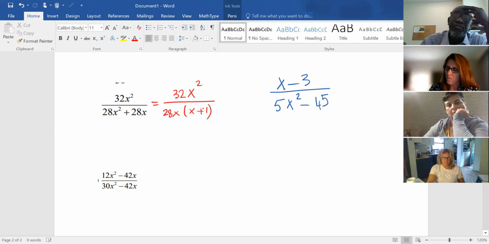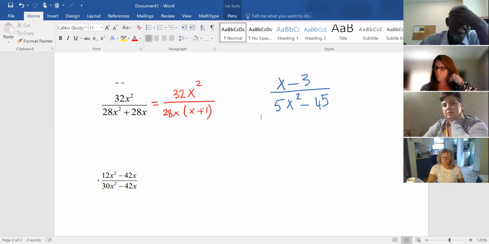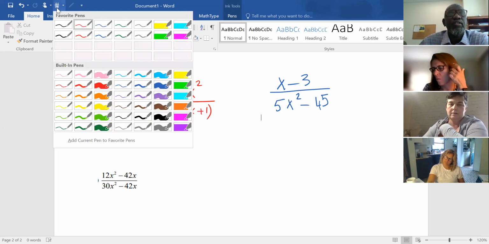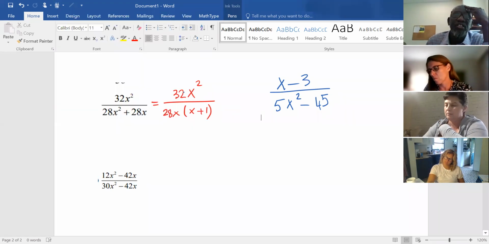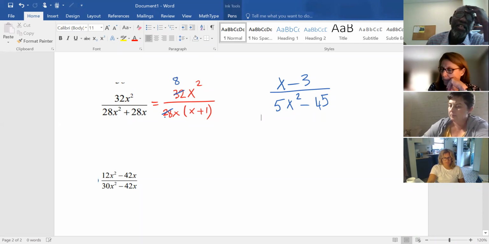Like that, right? You see now plenty of stuff to cross out. I have 32 and 28. How can I reduce them? 32 over 28, by? Yeah, by 4, right? So then you have 8 and 7.